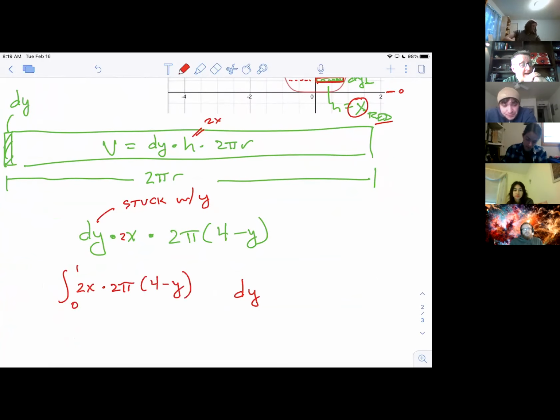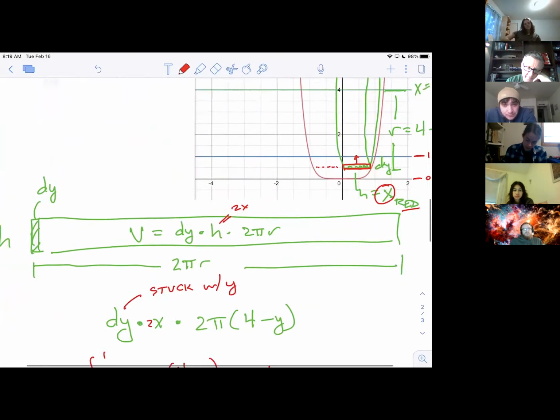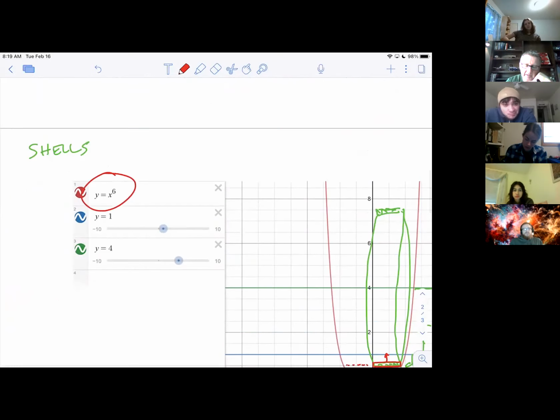Well, how am I going to get rid of that x? Well, again, this conversion is what allows me to go back and forth between these two worlds. And so if y is x to the 6th power, then x would be equal to y to the 1/6 power if I raise both sides to the 1/6 power, or you could say that's the 6th root of y.